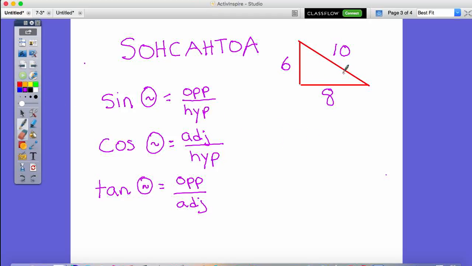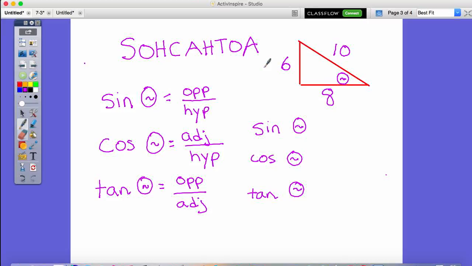So I'm going to deal with angle theta here, and I'm going to actually set up the sine of theta, the cosine of theta, and the tangent of theta. And I'm going to see that no matter which I do, even though I'm going to get 3 different ratios, I'm going to get the same angle measure.